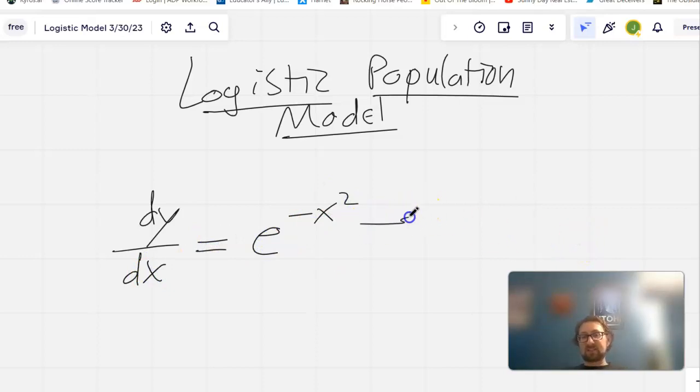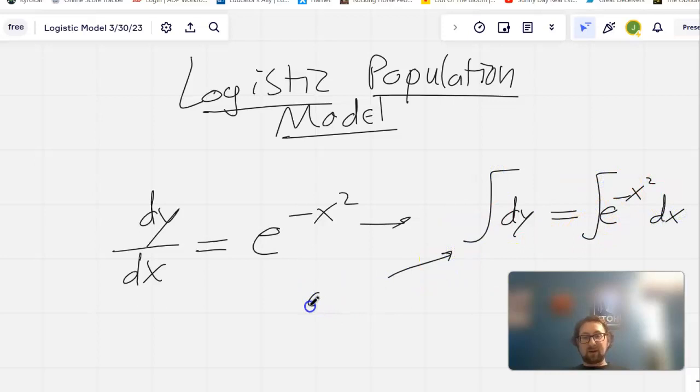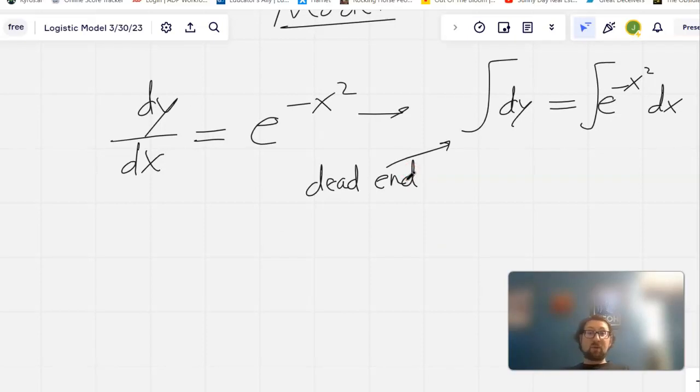I mean, it's very easy to separate. But then when you get to here, you basically got a dead end. So if that were your differential equation, you would be in trouble if you wanted what's known as an explicit or general solution to the thing. So we would not be able to solve that using conventional integration.